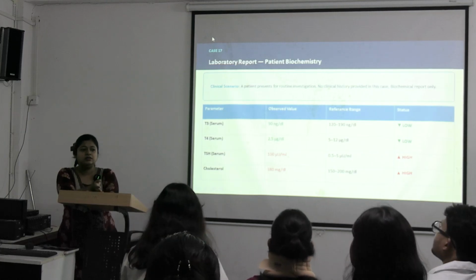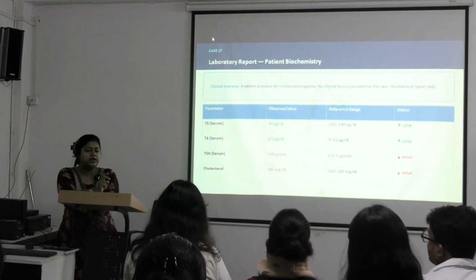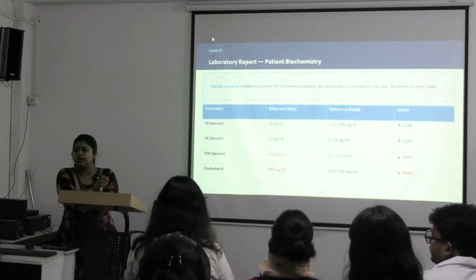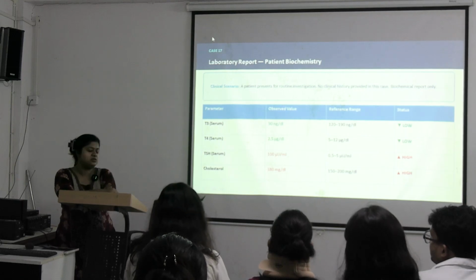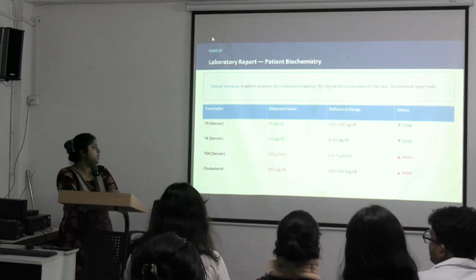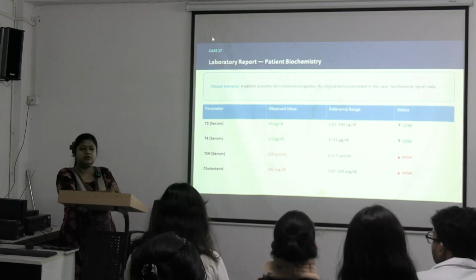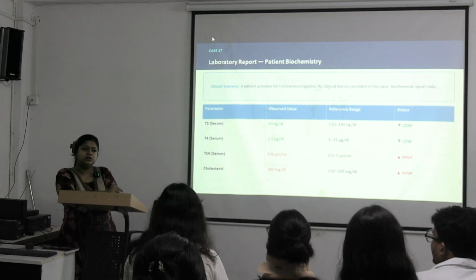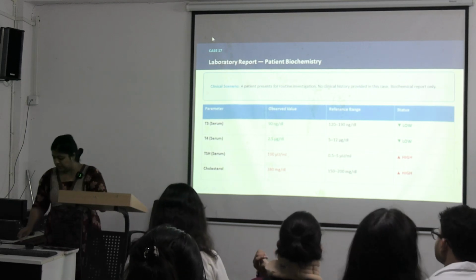Then we will suggest a thyroid function test. We will look for TSH value and T3, T4 value. So look at the values. T3 is low, T4 is low, TSH is high, and cholesterol is also high. So primary hypothyroidism, very good, primary hypothyroidism.